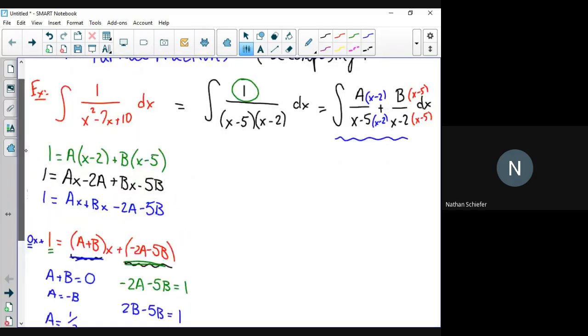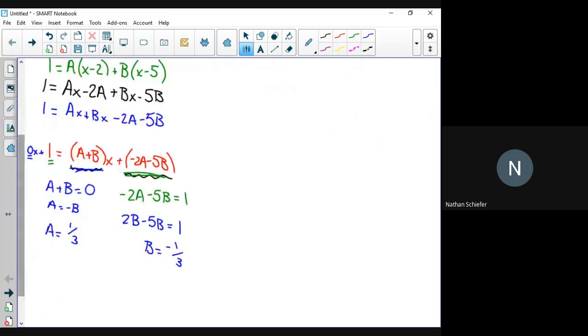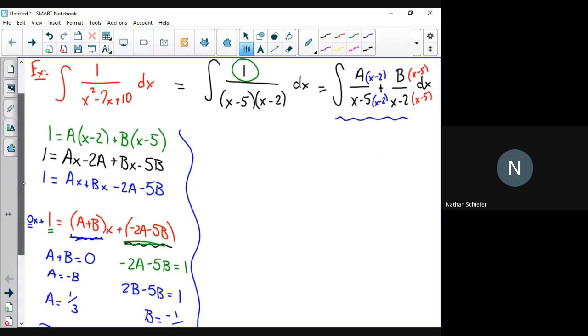All of that work was kind of a little bit of a side note to be able to determine what this integral really is. So now I have an integral where I've got the integral of 1/3 over x minus 5 plus negative 1/3 over x minus 2 dx.